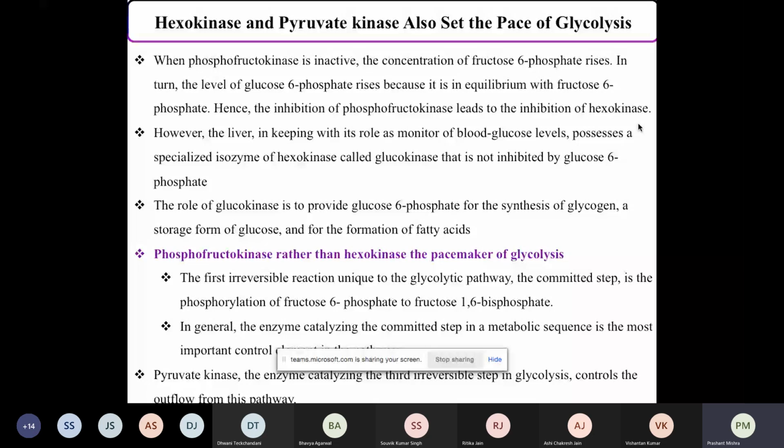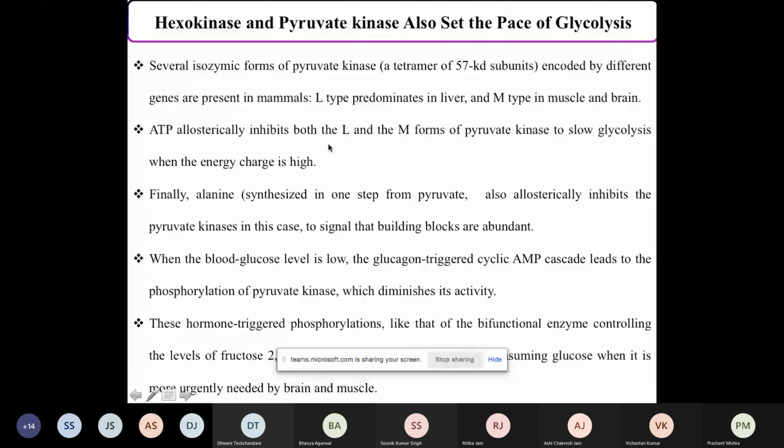And now at this point of time, there is another very interesting thing that happens in liver.